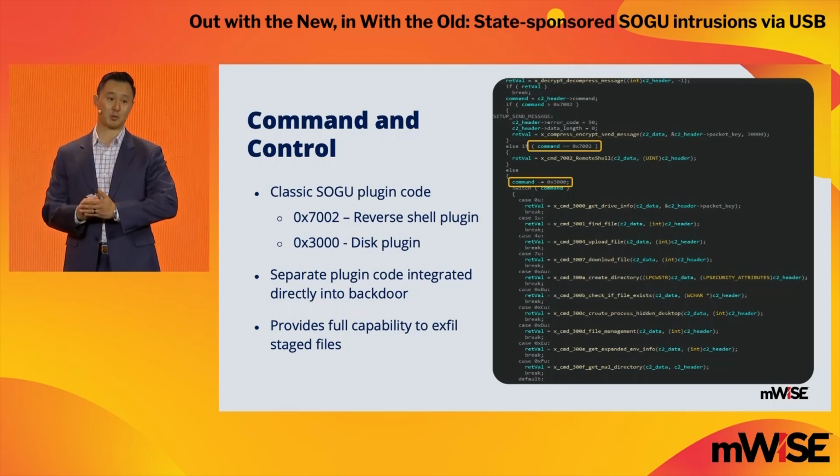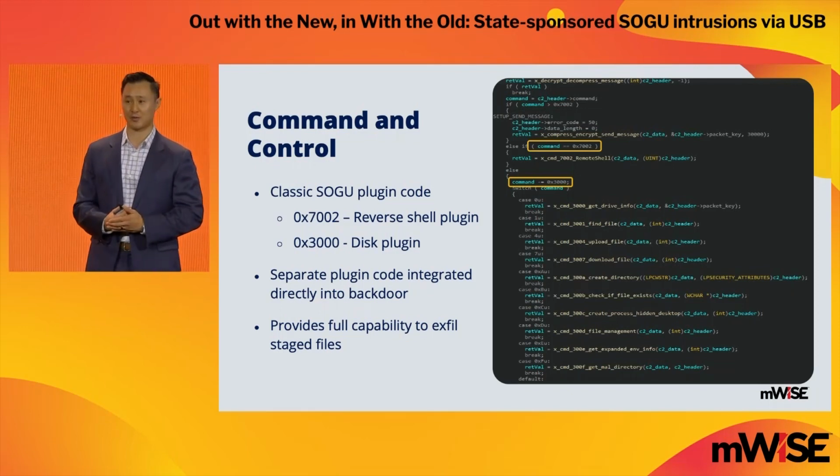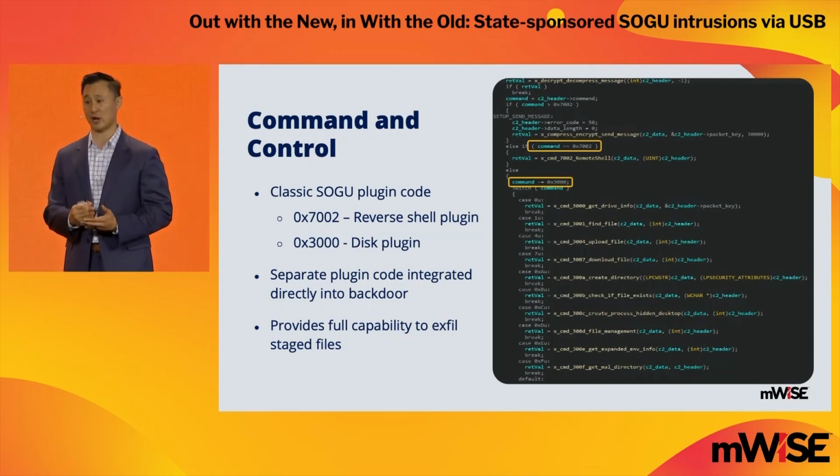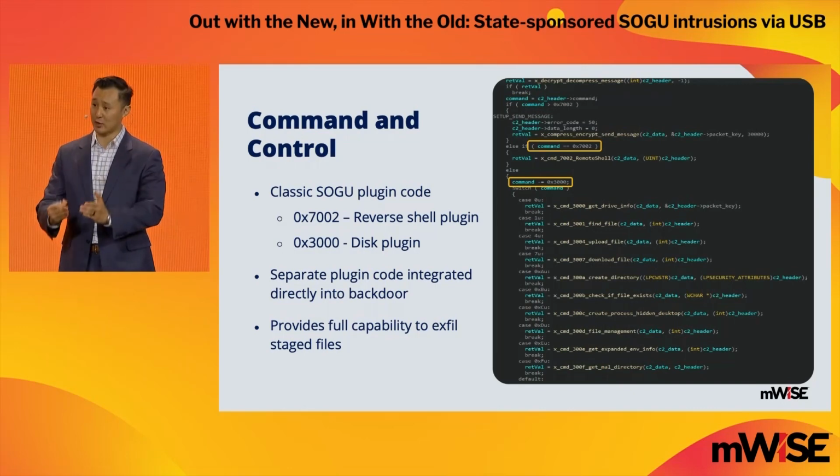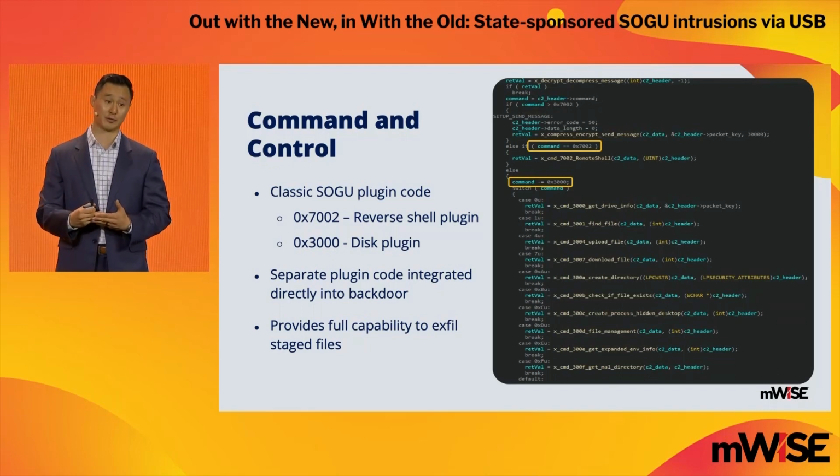The second highlighted block, hex 3000, that's the classic SOGU disk plugin, and that provides the backdoor full file and directory management capabilities. That's been taken from that plugin and integrated into the core backdoor, and it allows the threat actors full capability to then exfiltrate those stolen files from the air-gapped system.